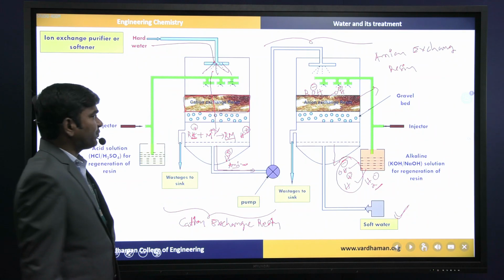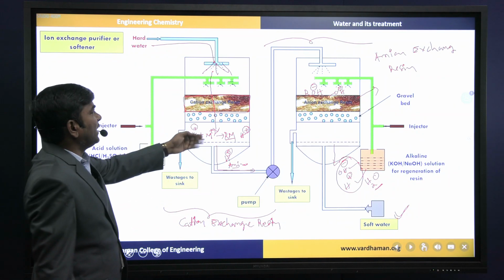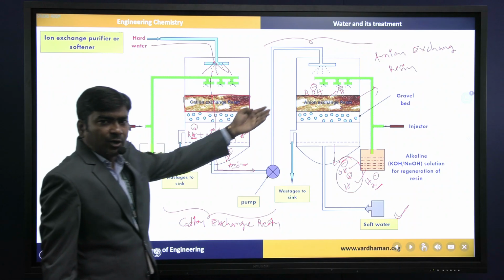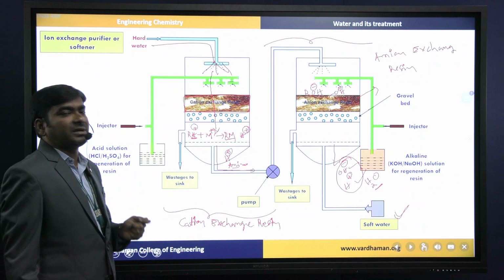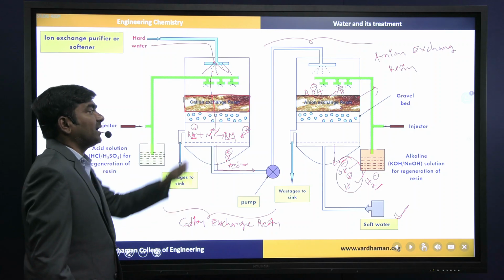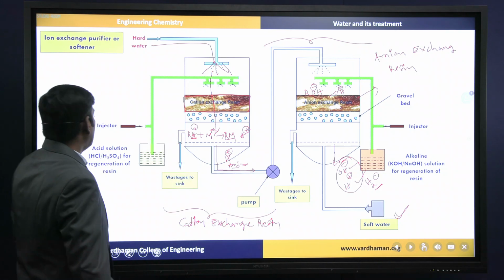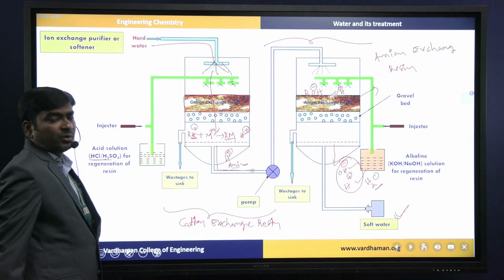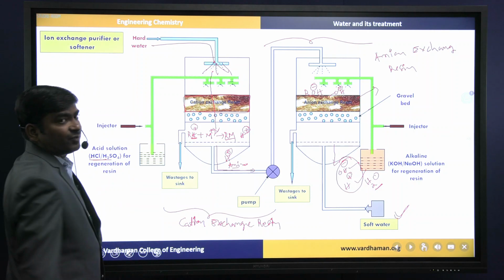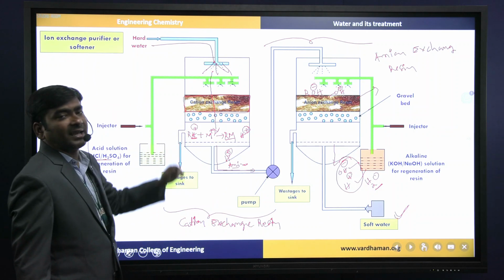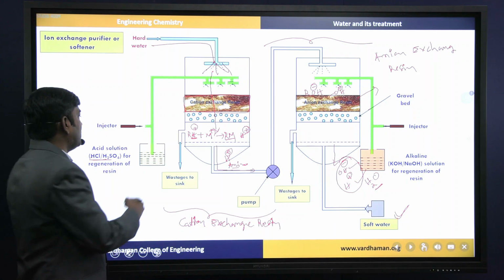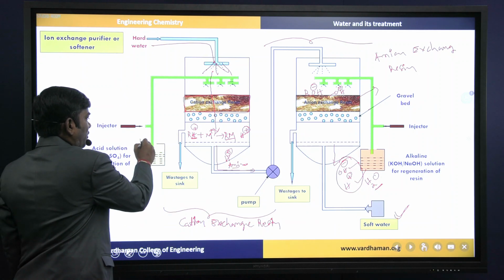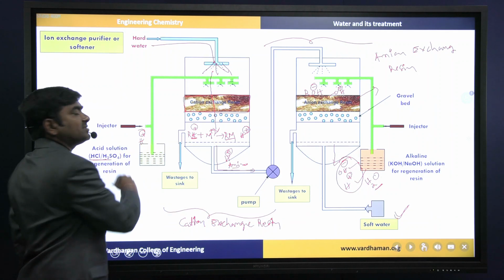In such a case, instead of going for a new cation exchange resin and new anion exchange resin, we use simple chemicals to regenerate the beds. The chemicals for the cation exchange resin bed are dilute HCl and dilute sulfuric acid.